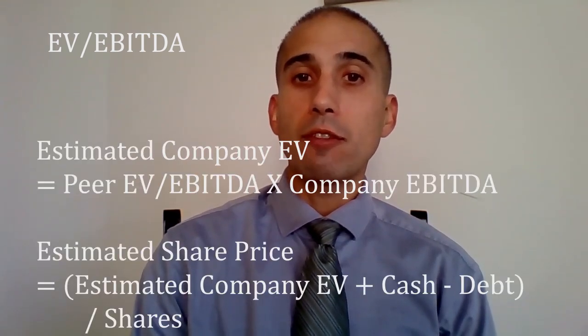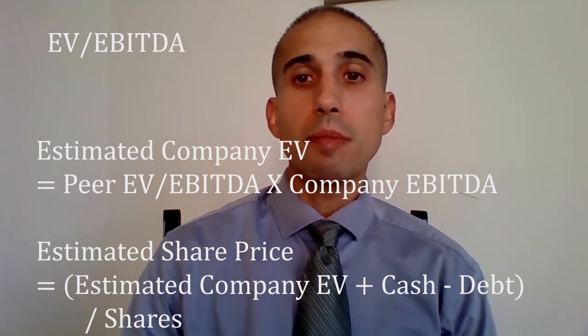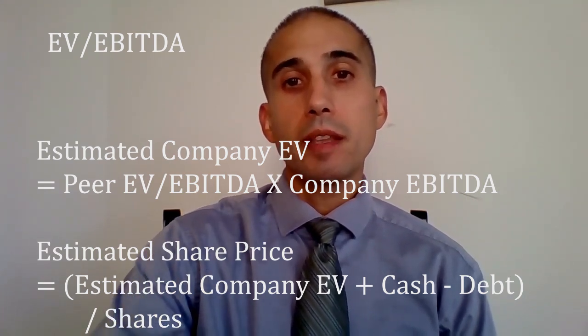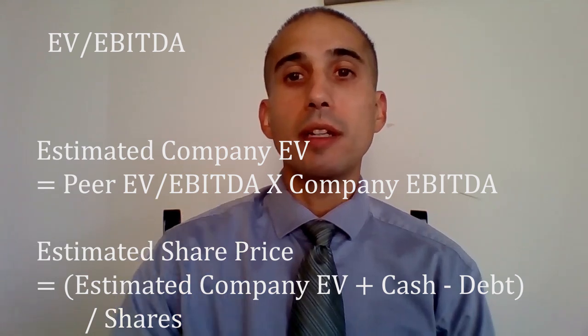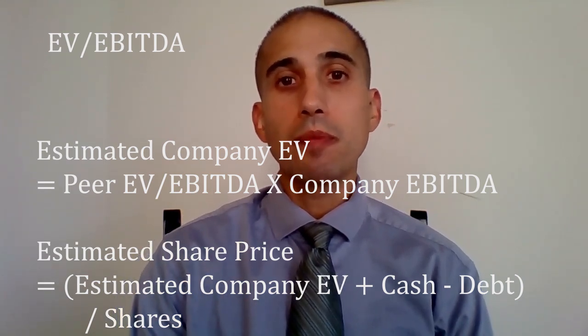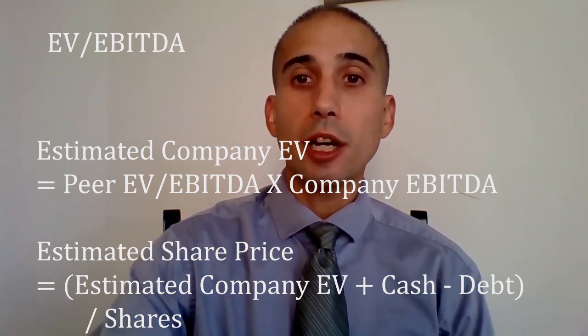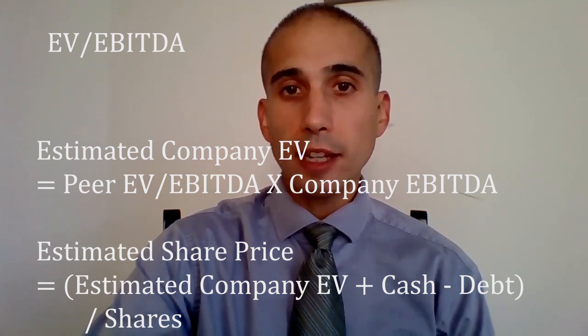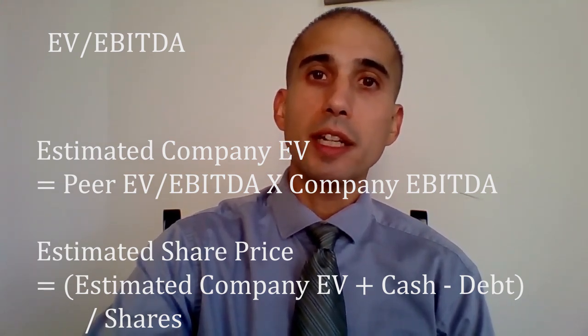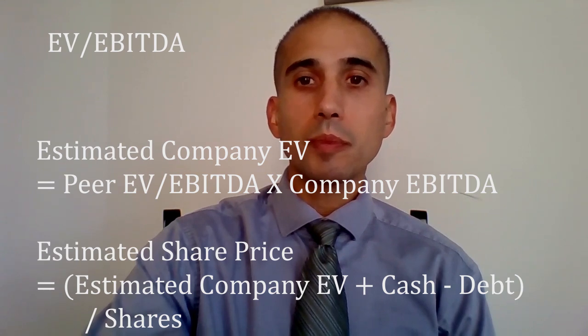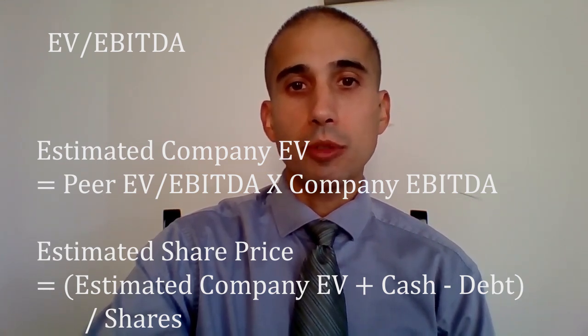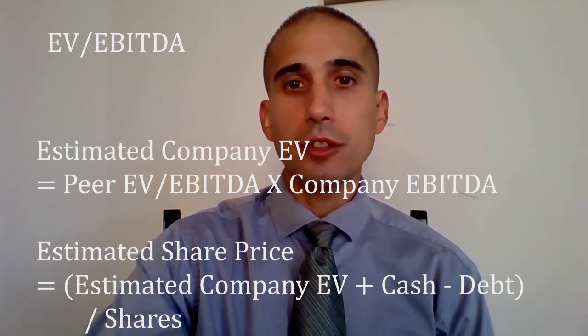As with the PE, multiply a peer or peer average EV to EBITDA by the company's EBITDA. This gives us our estimate of the intrinsic enterprise value. Then calculate the share price as we did when we estimated the enterprise value in a DCF. Add cash, subtract debt, and divide by number of shares.